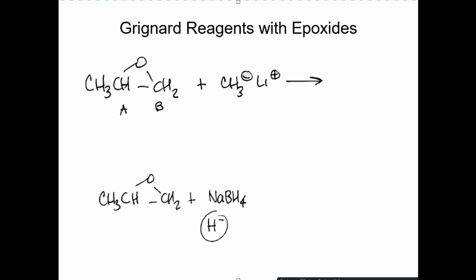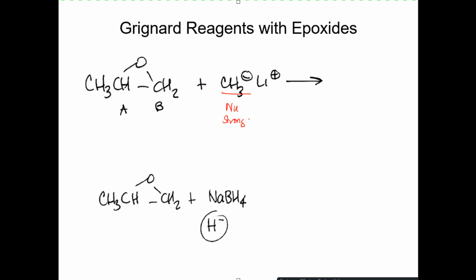What else can I do with Grignards? I can add them to epoxides. So we have our CH3-, which is again going to be our strong nucleophile. And now we have our epoxide. So now we have to go back to last semester and remember about epoxide ring opening.